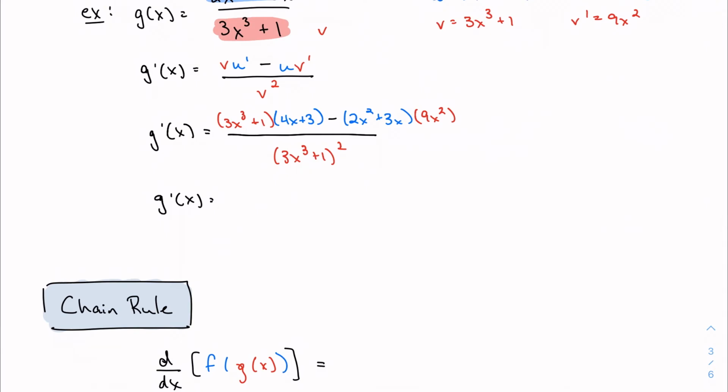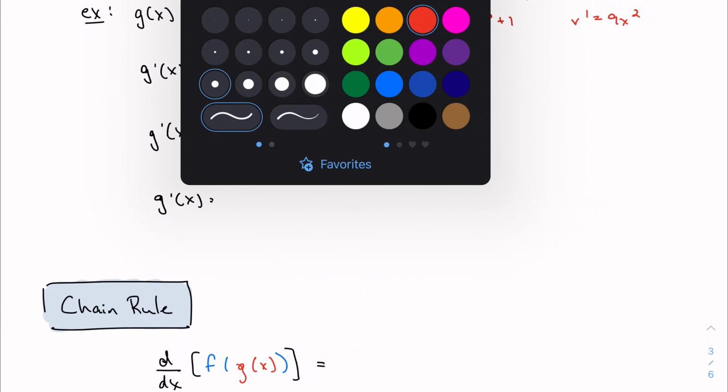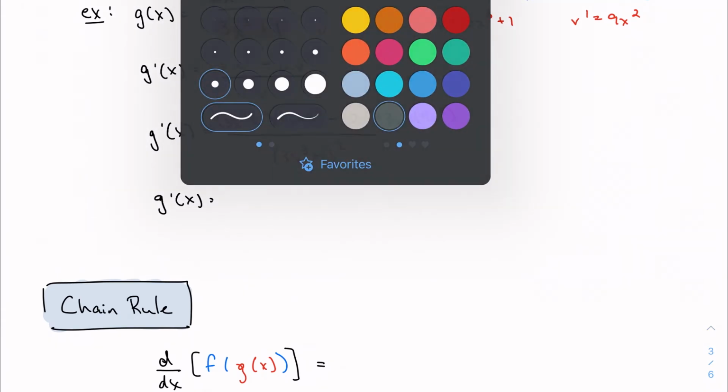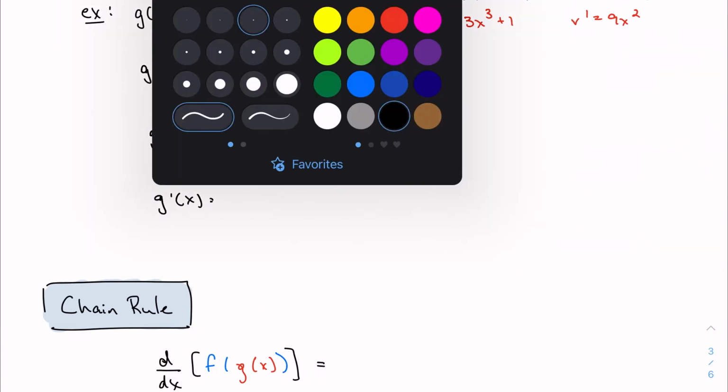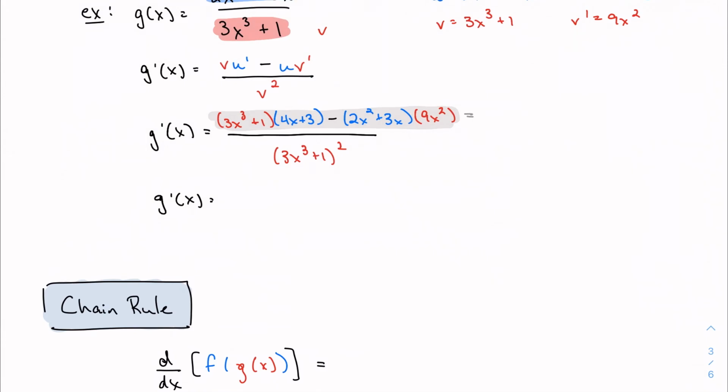So again, we're not going to really pay attention much to the denominator unless we really think we have a good reason to do that. So I'm just going to take a second and simplify this kind of on the side. So if I do some FOIL in here, I've got 12x to the 4th plus 9x cubed plus 4x plus 3 minus, let's see, 18x to the 4th minus 27x cubed.